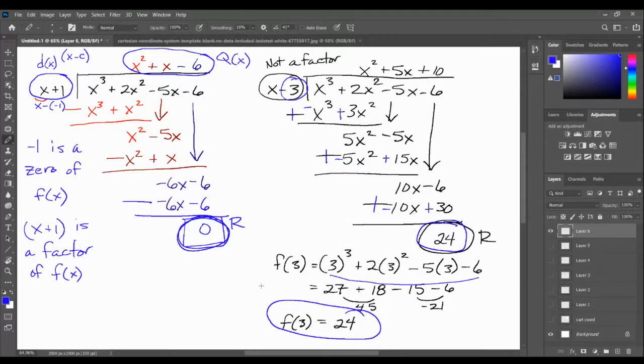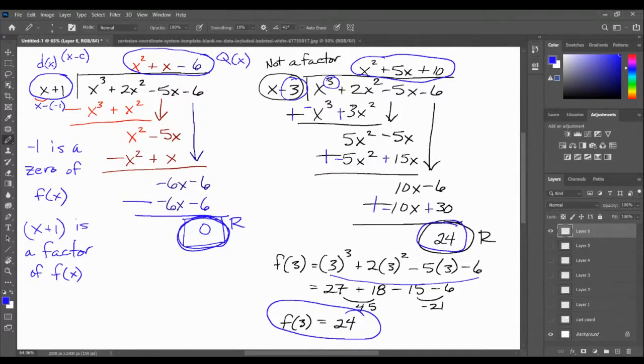Before I move to synthetic division, though, I do want to point out that the degree of our quotient is always one less than the degree of the function. And that's going to be key, because I started with an x cubed. Let's look over at the left-hand side where I actually found a 0. Well, now my quotient is a quadratic. I can plug that into the quadratic formula and get the other two zeros directly.